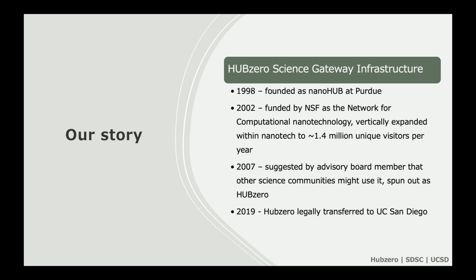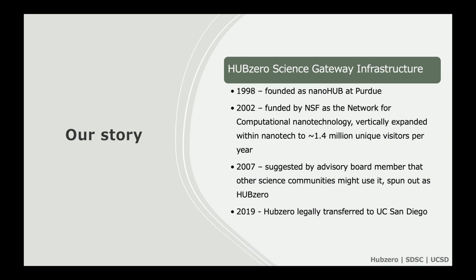In particular, NSF funded the cyber infrastructure in 2002 to serve the nanotech community, and when that went underway and was quite successful, one of the NSF advisory board members suggested that it would be great if this platform could be made domain agnostic and serve other communities. And so that's where the Hubzero name was born.